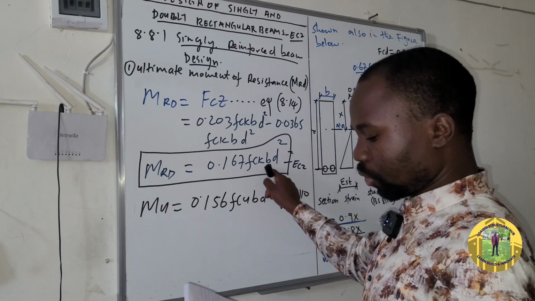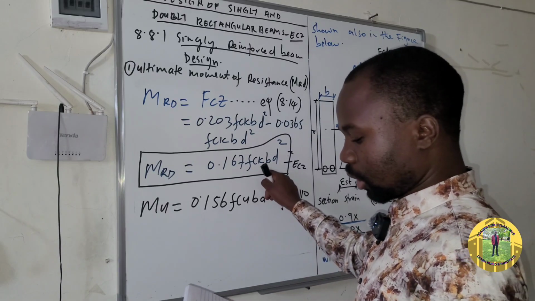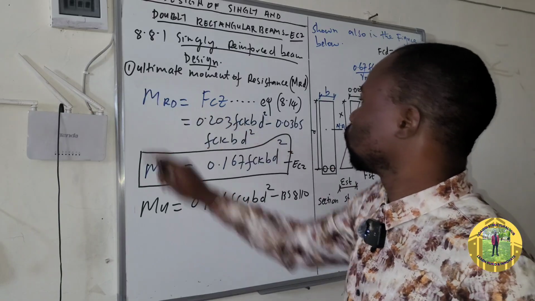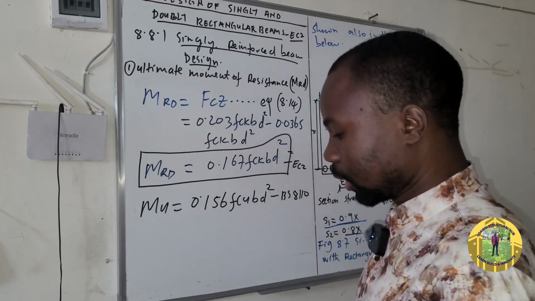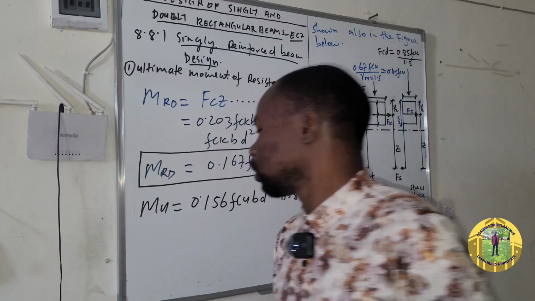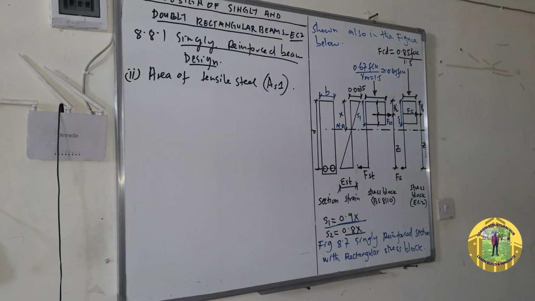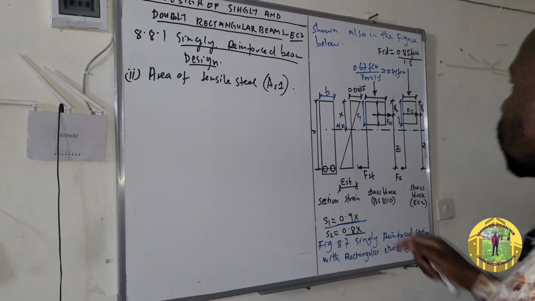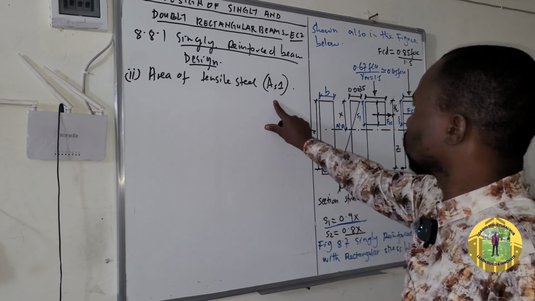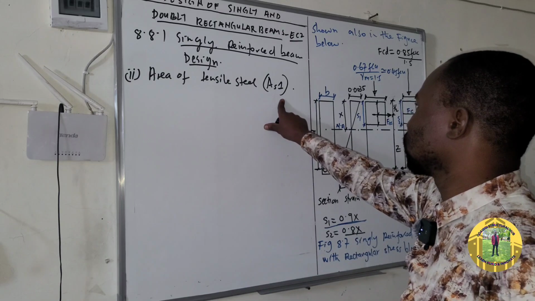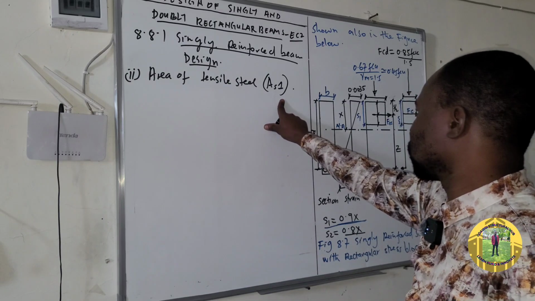So we now proceed to the area of tensile steel. So this was number 1, so number 2 will be the area of tensile steel, As1.